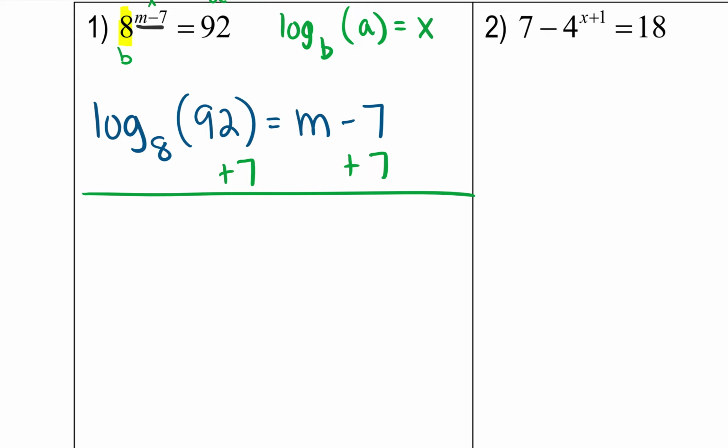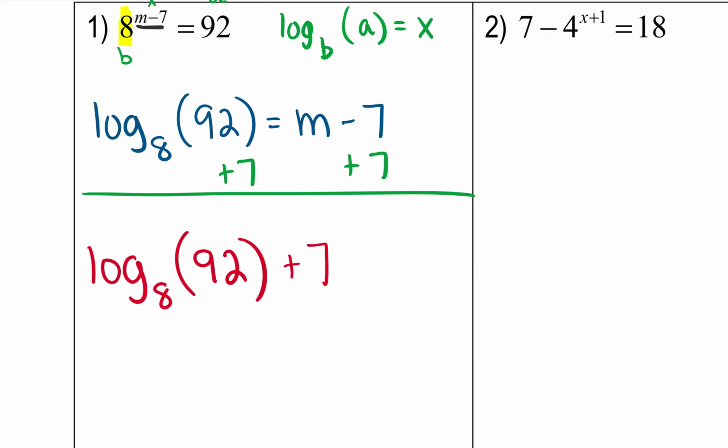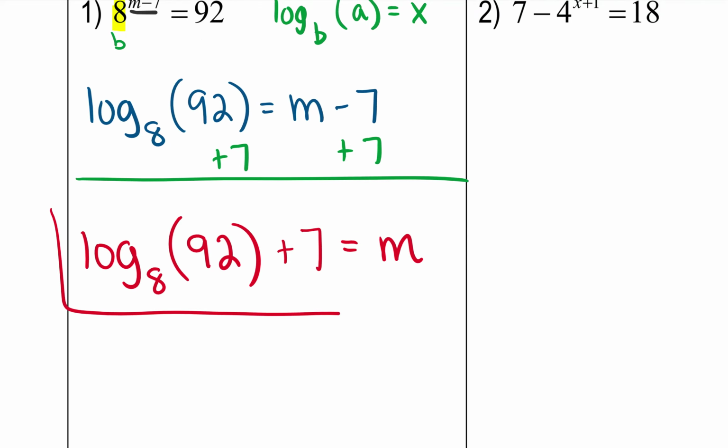That number has to stay the same, unless I have another log, which I do not. So I would have log 8 of 92, and then I added 7, so I have to put it behind the parentheses. I cannot put it inside. Equals m. And that's how I want my answer.